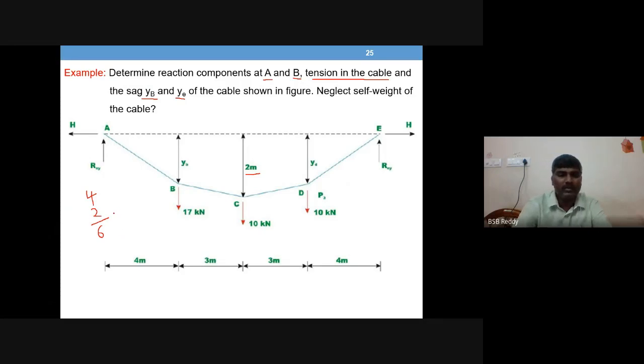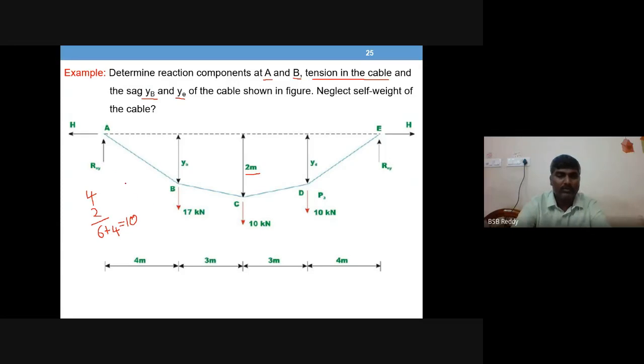And plus the segments, you can count one, two, three, four segments, so plus four tension values. So total 10 unknown values you have to solve. If this is not given, YC also will become unknown, and that will become 11.